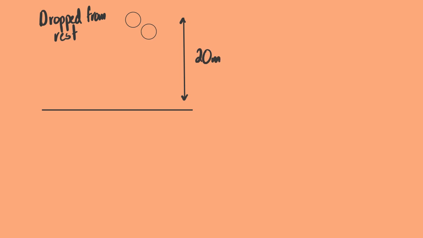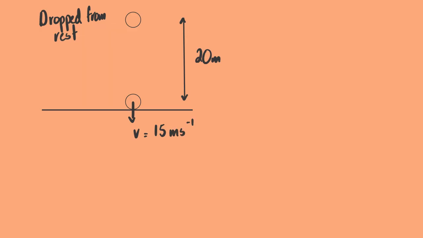This time let's make our object start from here. So let's say this object is dropped from rest, and let's say the height from which it is dropped, this height, is 20 meters, and when this object hits the ground, it's moving with, let's say, velocity 15 meters per second.